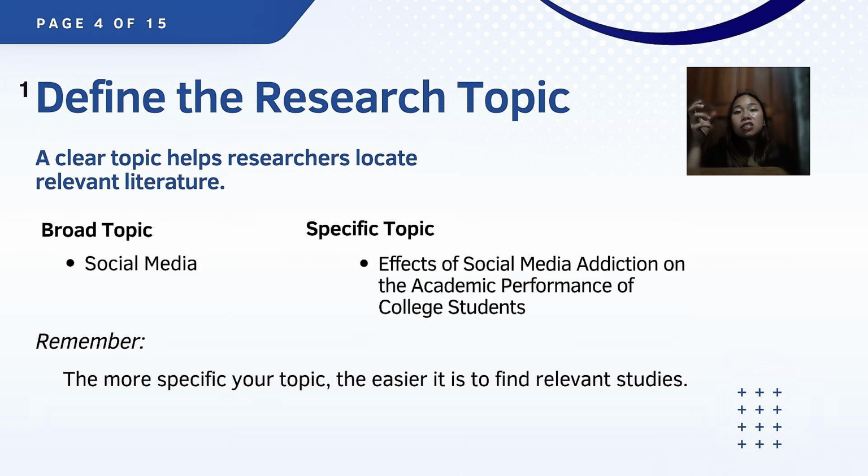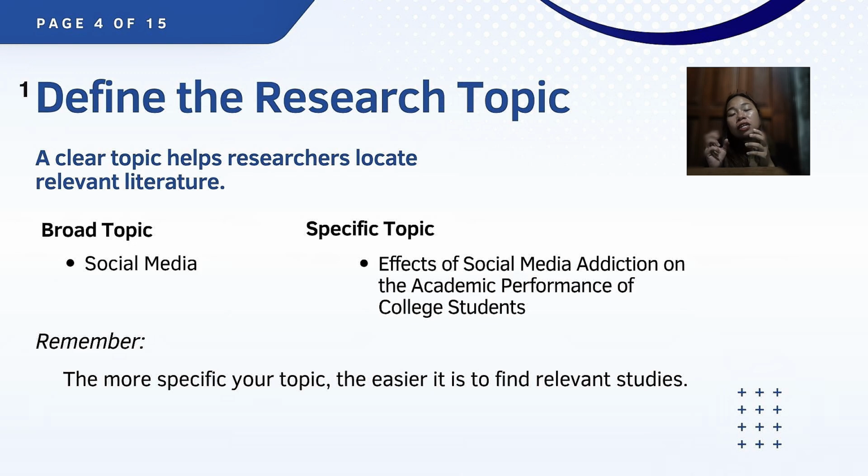It tells us exactly what is being studied. The issue is social media addiction. The outcome is academic performance, and the participants are college students. That's why we always remember the simple idea: the more specific your topic is, the easier it is to find relevant literature.